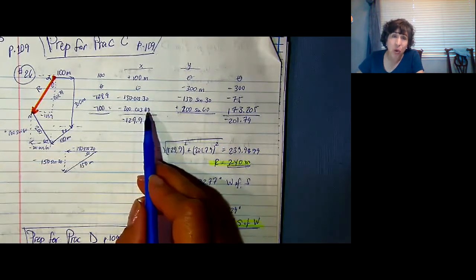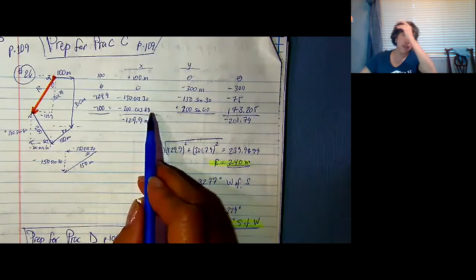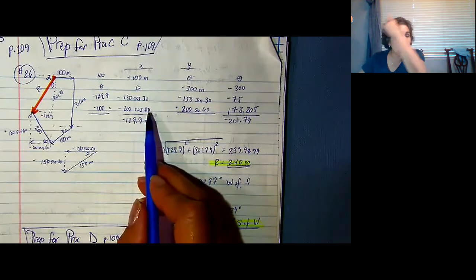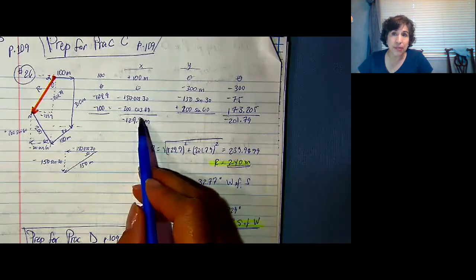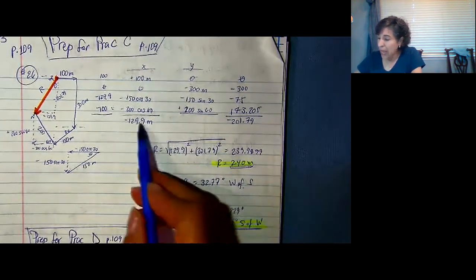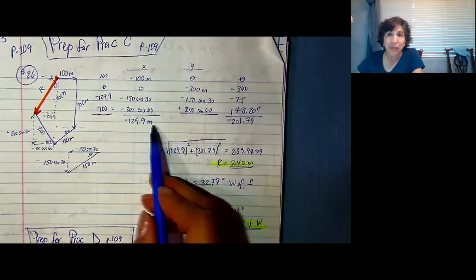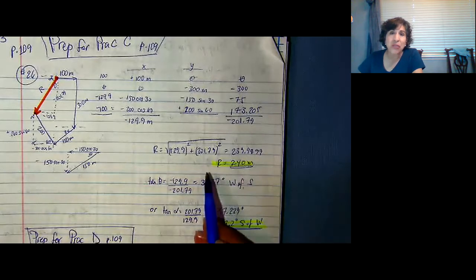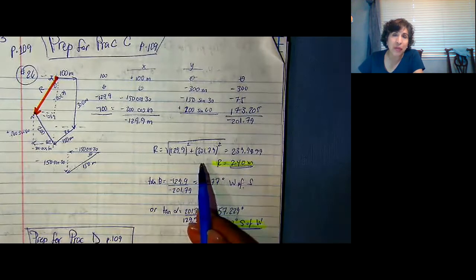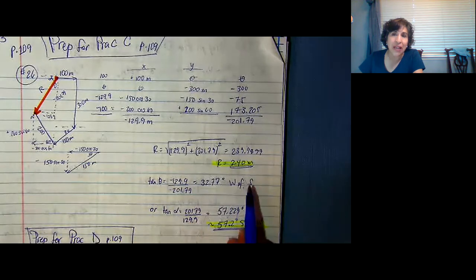You have to know the sign of your vector, and that's exactly why I wanted you guys to know how to break down the components. So once I have my sum of my x components and my sum of my y components, that goes into the Pythagorean theorem inside the square root, and I got my magnitude.